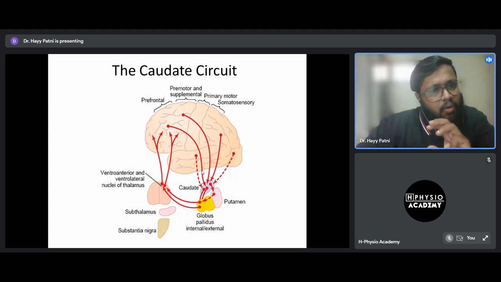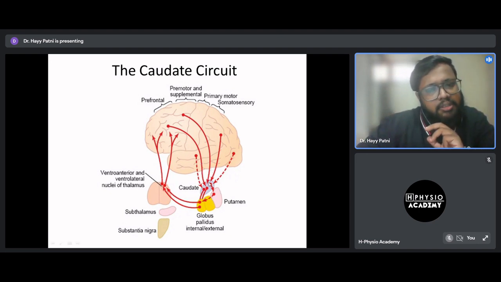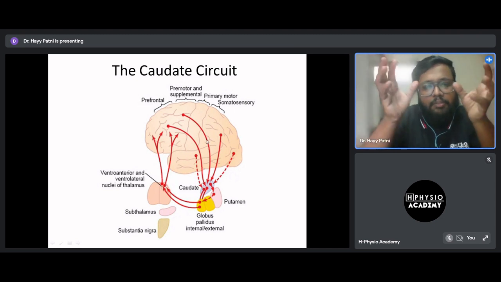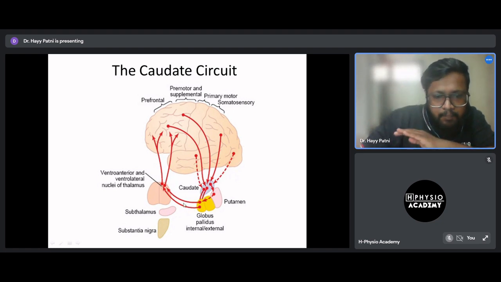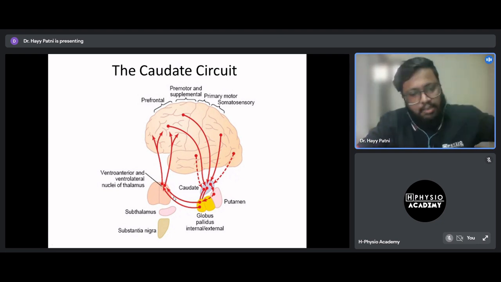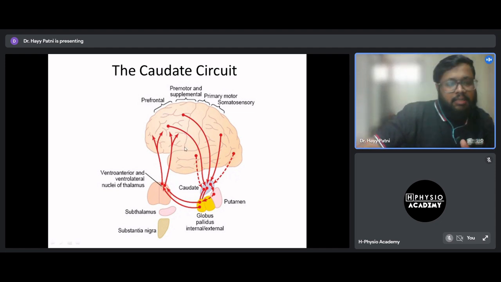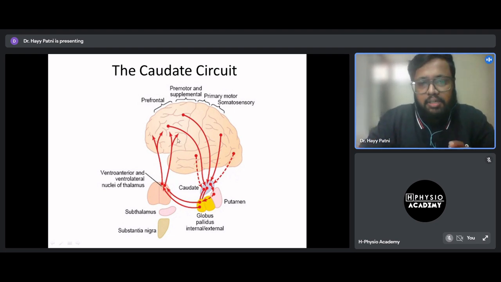Now, to understand how it modulates, we have to see the specific components of the circuit. After all the sensory perceptions come in to the caudate, when it gives the processed information back to the thalamus, and from the thalamus back to the brain, it is still being sent to the frontal area. So this becomes a little different from a reflex.